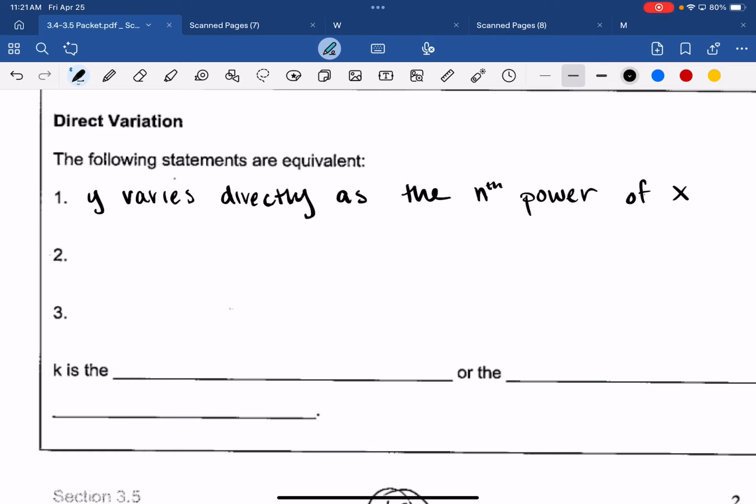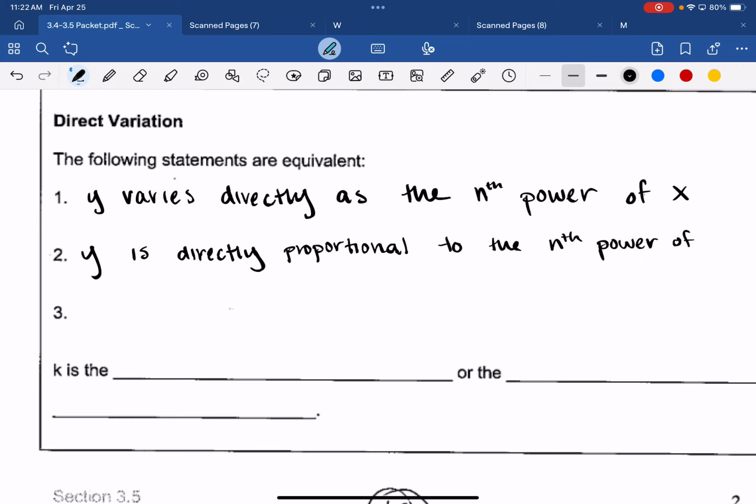Okay, so direct variation all comes from word problems. So we're just going to write down some key phrases that should tip you off that we're doing direct variation. Y is directly proportional to the nth power of x.